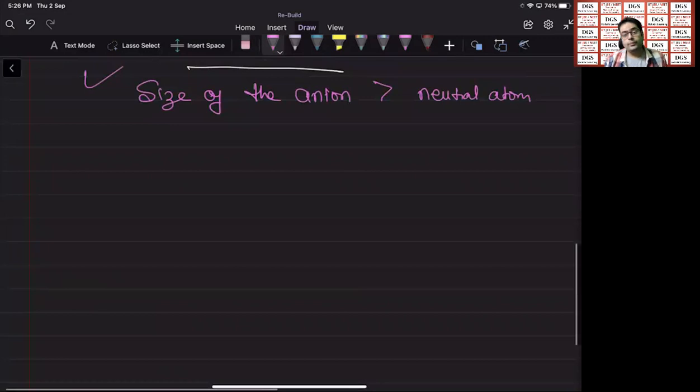Fine, my dear students. Now, how to compare? What type of problems can you face in your exams? Pretty easy: variation in these properties, that means variation in radius. So when we talk about radius, we need to consider 2 factors.